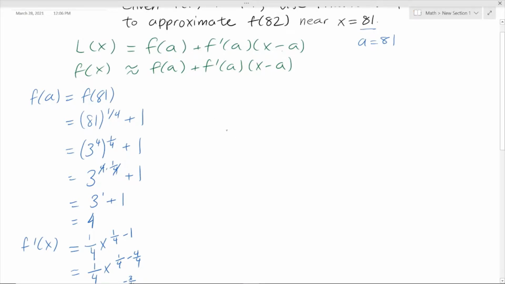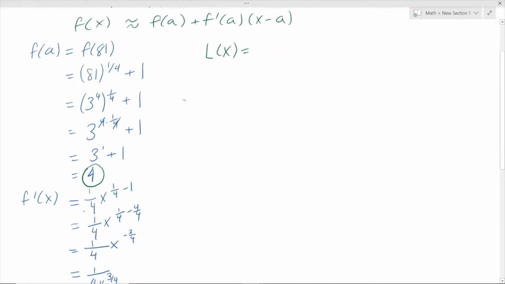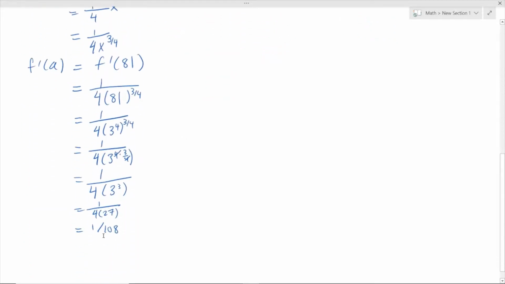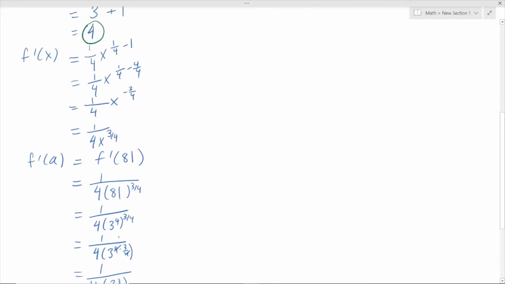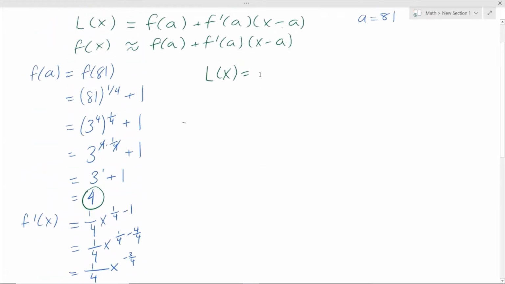So now we are going to plug these in to the equation for linearization. Right here, it is shown that f of a is equal to 4, and it is shown that f prime of a is equal to 1 over 108. So we're going to plug those two in.